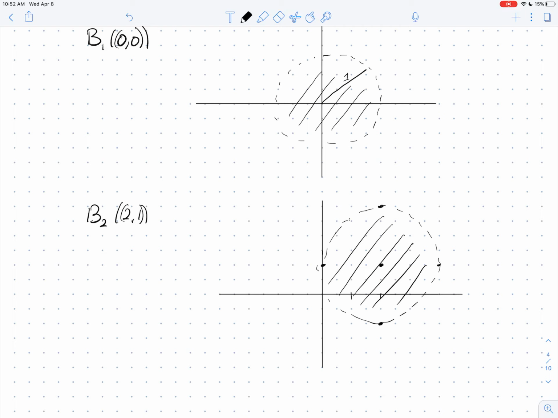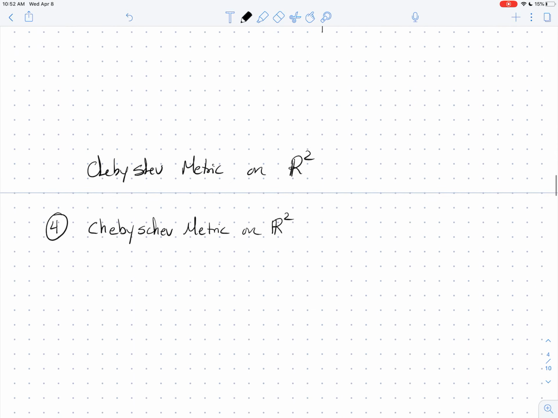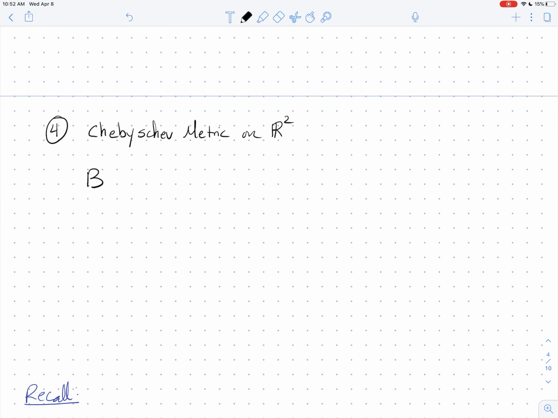All right, well, what do open balls look like under the Chebyshev metric on R2? So let's think about it. Let's erase this. And let's just think about the open ball of radius 1 at the point (0, 0). So we'll try to sketch it over here.